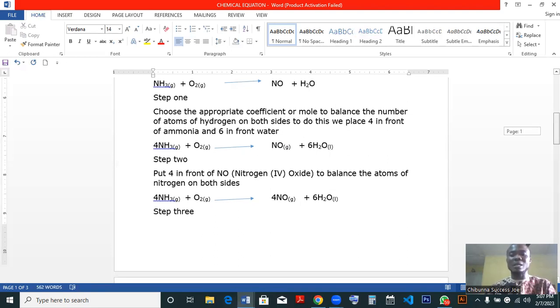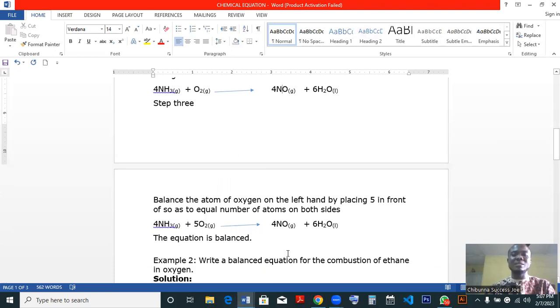Let's go over to step 3. Step 3 says balance the atoms of oxygen on the left-hand side by placing 5 in front of oxygen, so as to have an equal number of atoms of oxygen on both sides.